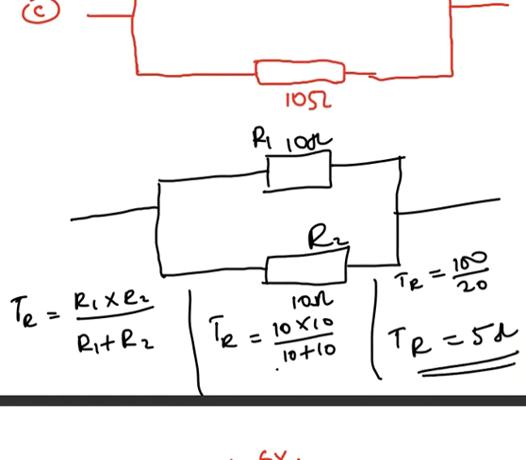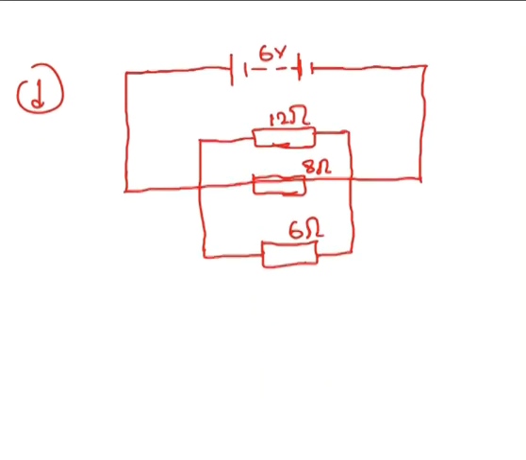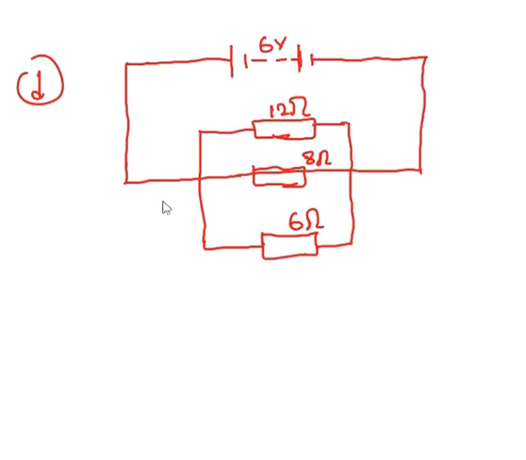We also have the next circuit. Circuit iyi ma resistors atatu ali mu parallel, atipatsanso voltage yomwe ndi 6 volts. So tikufuna tipeze total resistance. So ngati tili ndi ma resistance atatu kupita mwamba, sitimagwiritsa ntchito formula iyi.